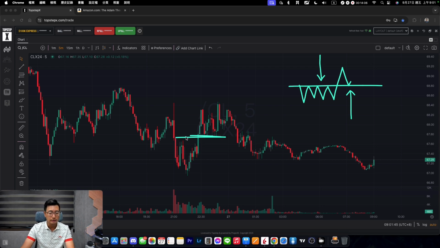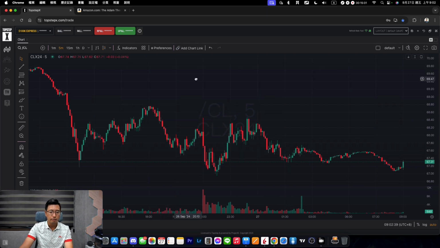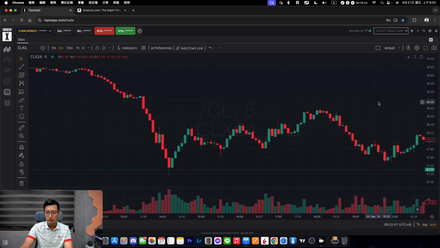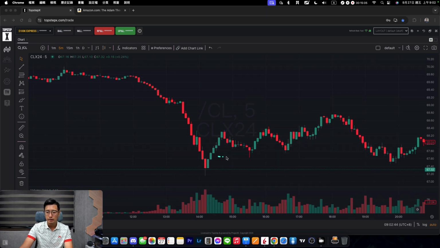Like here, you can see that. Last night in the 5-minute chart, I placed an order right here. As you can see, this is the pattern I call reverse head and shoulders. You see that? And do you see the line? Yes, it broke down and it came back.